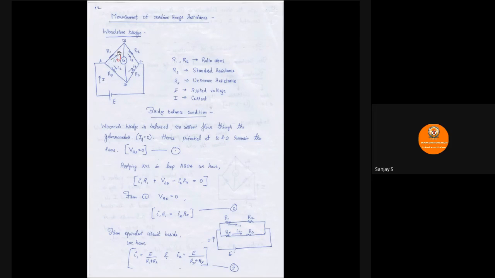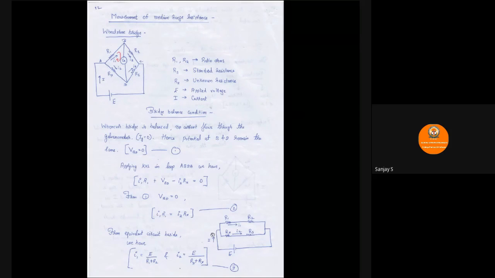So I1 R1 plus VBD minus I2 RX is equal to 0. Now, from the first equation we already know that VBD is equal to 0. So you will be left with I1 R1 is equal to I2 into Rx. This is nothing but equation number 2: I1 R1 is equal to I2 into Rx.